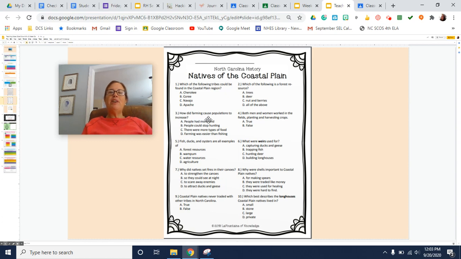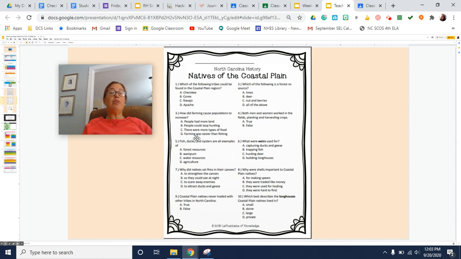How did farming cause populations to increase? Let's look at the choices before we go to the text. People had more land. Not so sure. People could stop hunting. I think they probably still had to hunt. There were more types of food. Well, yes, that's very helpful.